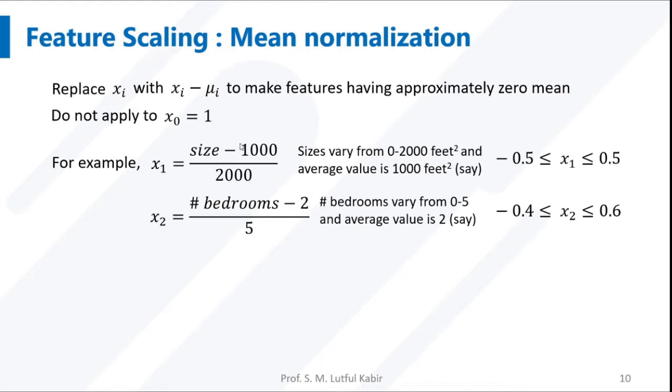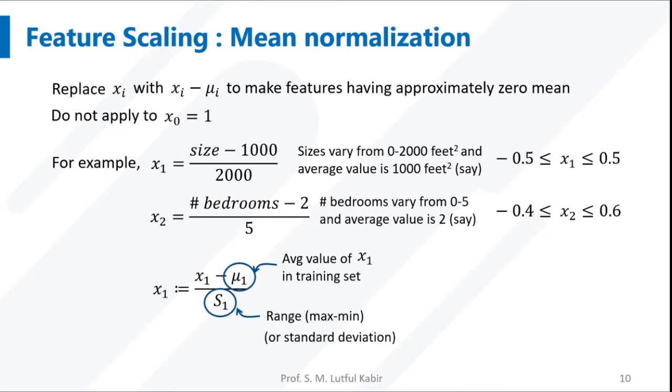So the generalized formula is x1 equals x1 minus mu1 divided by s1, where mu1 is the average value of x1 in the training set. All the x1 in the training set, take the average value and that is mu1. And s1 is the range, maximum value minus minimum value, or in some cases standard deviation.